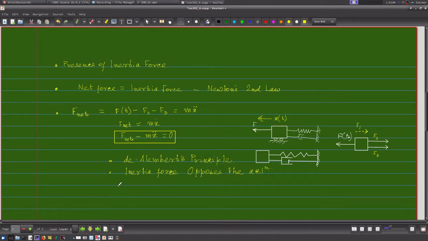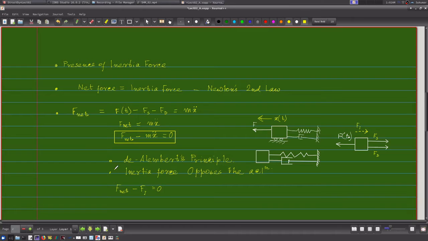So finally, we get the equation of motion as F net, the net force, minus Fi, the inertia force, is 0. When using D'Alembert's principle, it becomes easy to write down the equation of motion, because I need to just identify all the forces due to the spring, due to the dashpot and the external dynamic load, and put another force, the inertia force, in a direction opposite to the direction of acceleration. So this is called D'Alembert's principle.